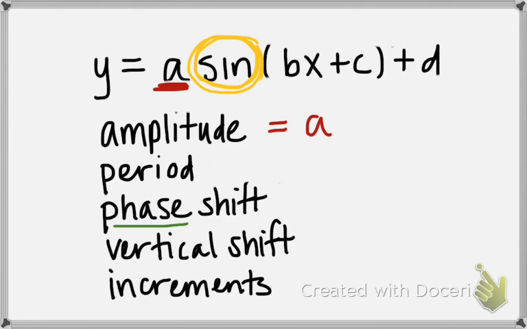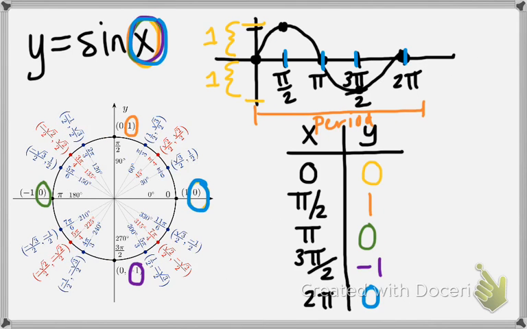Now the next thing that we talked about is the period, or the time it takes a sinusoid function like this to complete an entire life cycle, to do everything it can do, above, below, and back to its starting point. So the period normally is 2 pi, as we saw in our two parent functions.